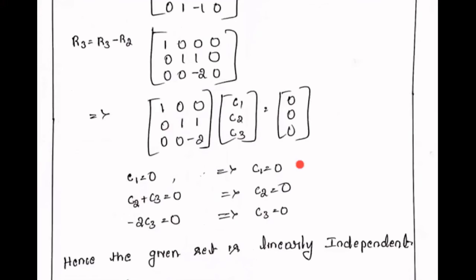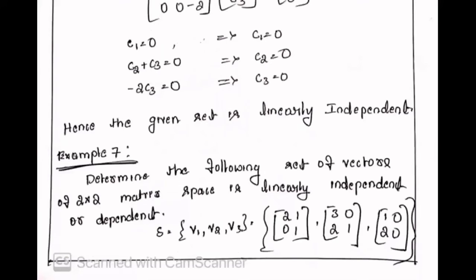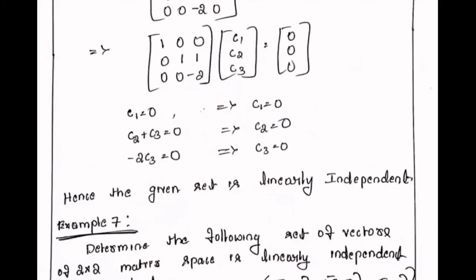You can go for the third equation actually. C3 is 0, right? If you substitute C3 equal to 0 here, what you get is C2 is equal to 0. So since C1, C2, C3 are 0, they are linearly independent.